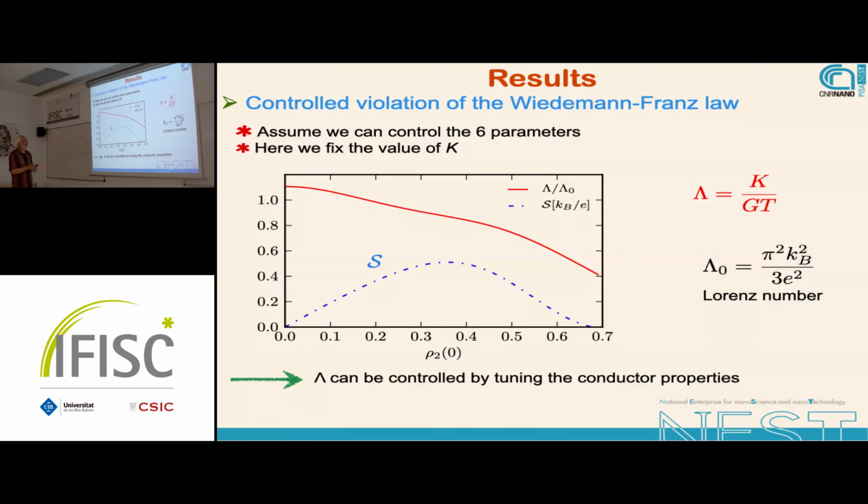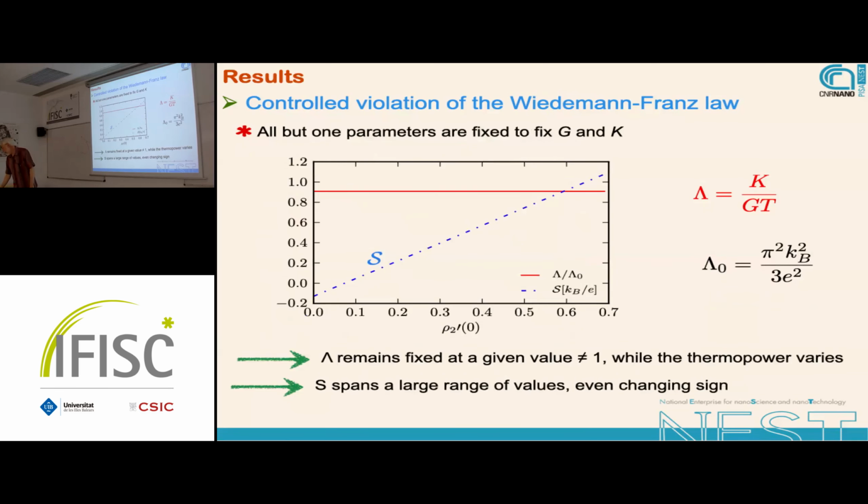This is just to show that you can control the three, G, K, and S, in an independent way.